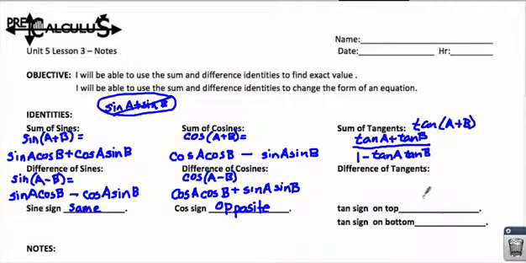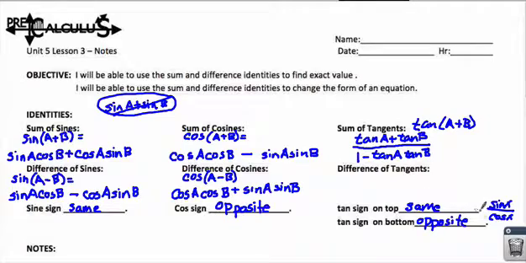When we come down here, we keep the sign on top the same, and the sign on the bottom is the opposite. If you think about it, tan is the same as sine over cosine.